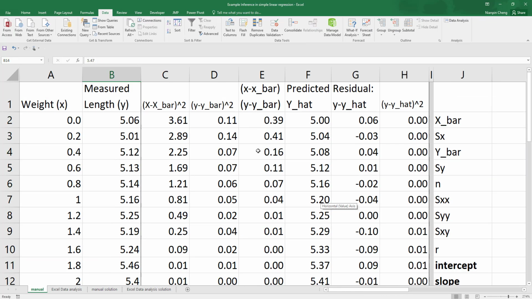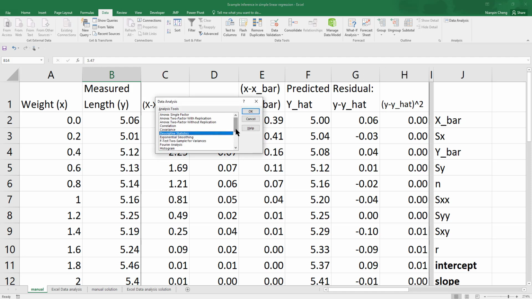So next, we are going to talk about how we use Excel to generate the least square line and to do the inference on the least square coefficients, slope and intercept. So under Data Analysis, there is one function called Regression.